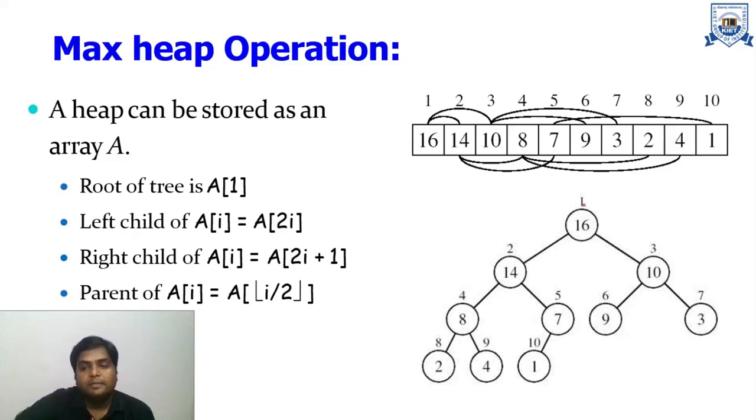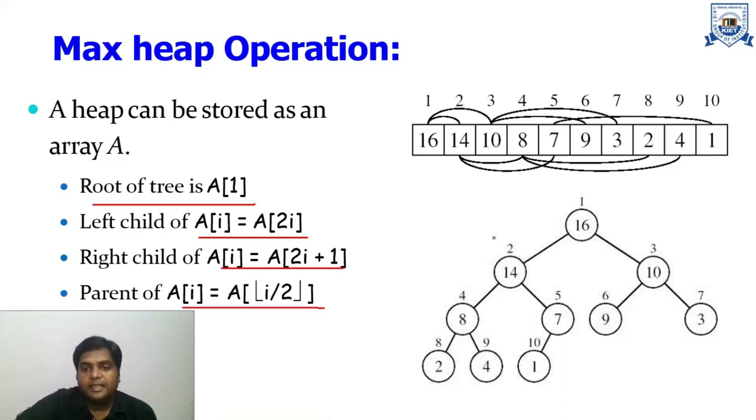In max heap, the root node is the very first node. Here the root of the tree is represented as a1. Actually here we start indexing from 1. You can start indexing from 0, but then the formulas change. So these are the formulas for indexing from 1. The root node will be at 1, that is a1.